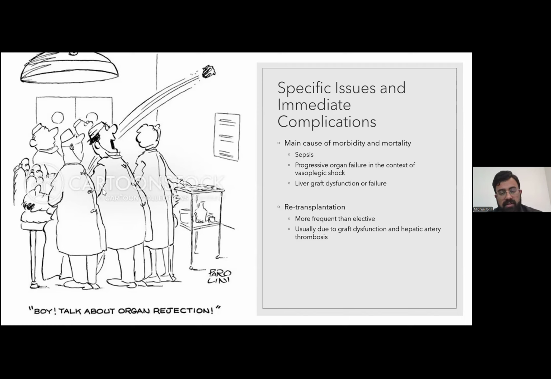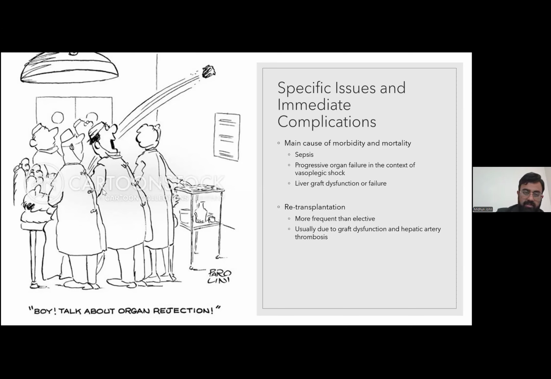And then unfortunately, because of the urgency, there are times where there's liver graft dysfunction or failure, which puts us in an uncomfortable position of retransplantation, more frequent, obviously, than in our elective patients where we've planned and set things out and taken our time. So retransplant is considered because of graft dysfunction or hepatic artery thrombosis.